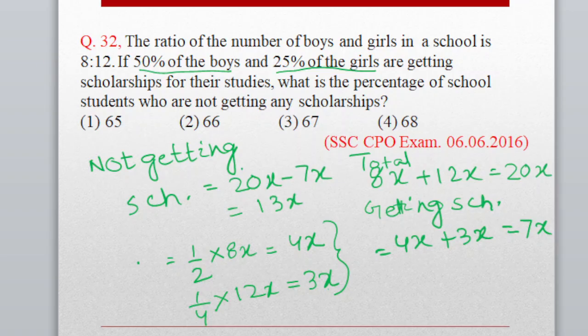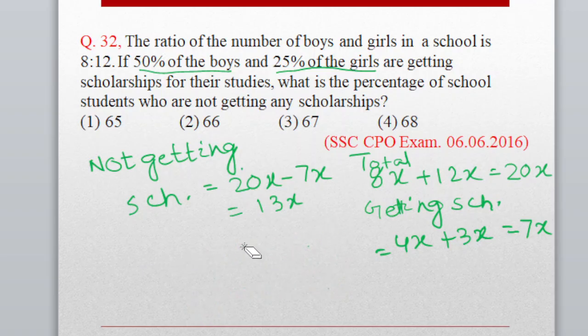Now their percentage: not getting scholarships are 13x, total students are 20x, so we have to multiply it with 100.